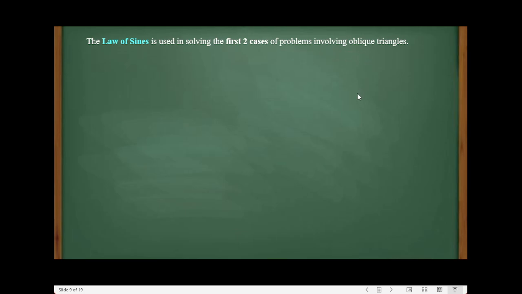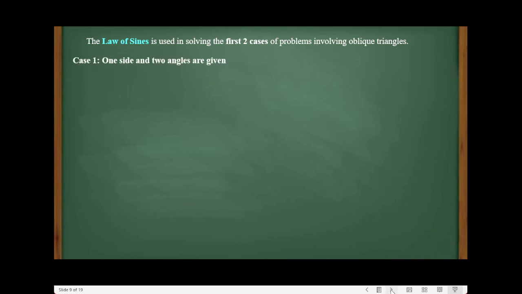As you can see, I have just presented the four cases, and among those four cases, case 1 and 2 use this formula, the law of sines. It means that for the remaining last two cases we use the law of cosines. So again, the law of sines is used in solving the first two cases of problems involving oblique triangles.